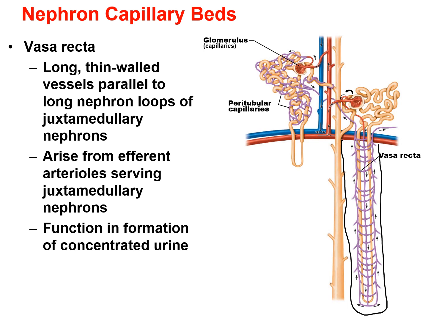So you have your efferent arteriole here, and that is going to feed into your vasa recta, and it will be drained by a venule and dumped back into your cortical radiate vein. And the function of your vasa recta is going to be to form very concentrated urine. And you're going to talk about how that happens when you get to the physiology videos.